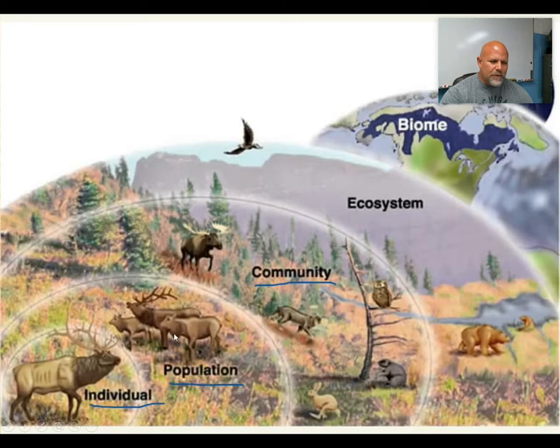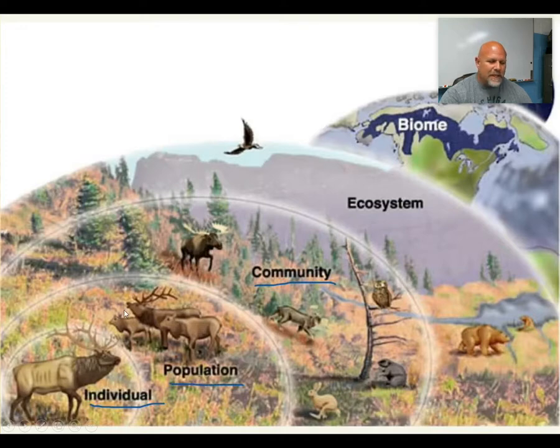Individuals then get grouped into populations. Communities are all the living organisms in a particular ecosystem. An ecosystem is all the living and non-living parts of a particular area. And then a biome are areas that have similar ecosystems around the world.